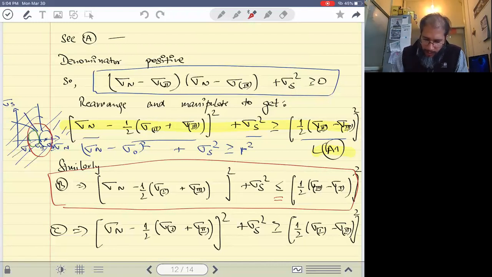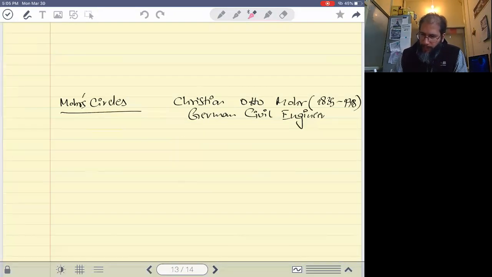So that means the feasible space is the shaded space that I've drawn here.